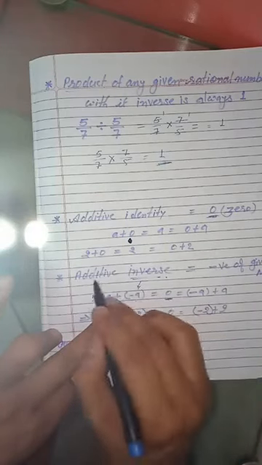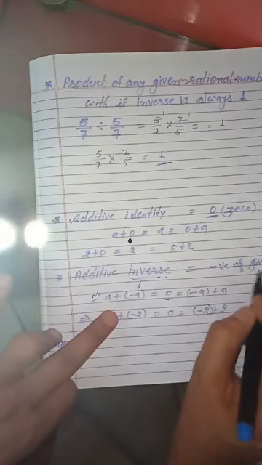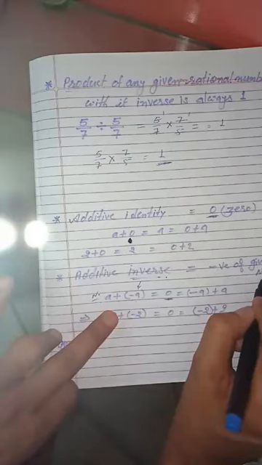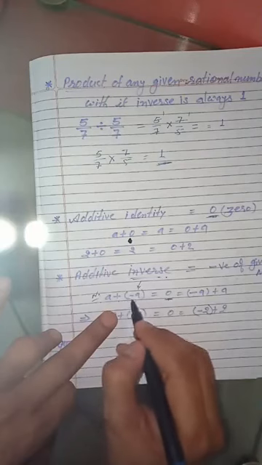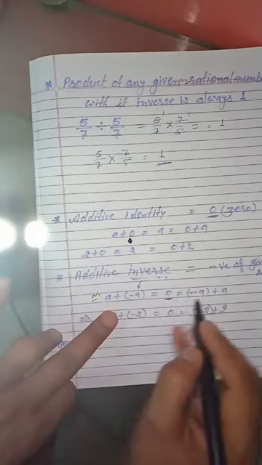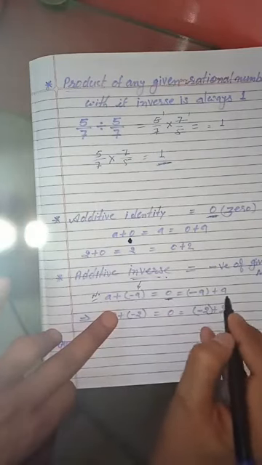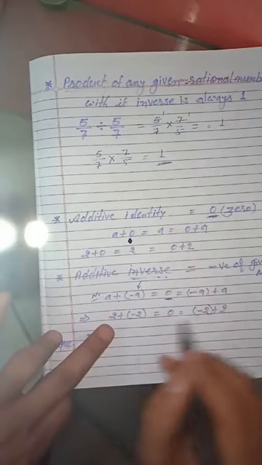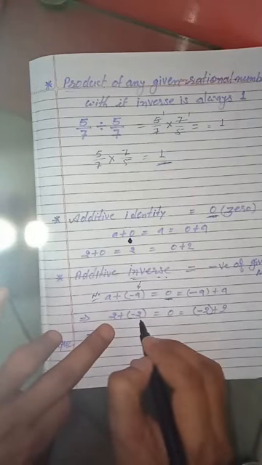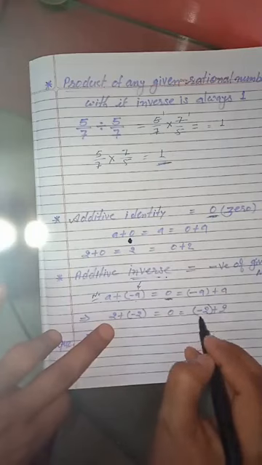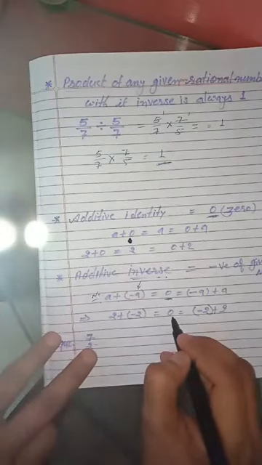So you can directly say additive inverse is the negative of the given number. Is it clear? That means a plus minus a equal to 0 or minus a plus a equal to 0. According to numbers, 2 plus minus 2 equal to 0 or minus 2 plus 2 equal to 0.